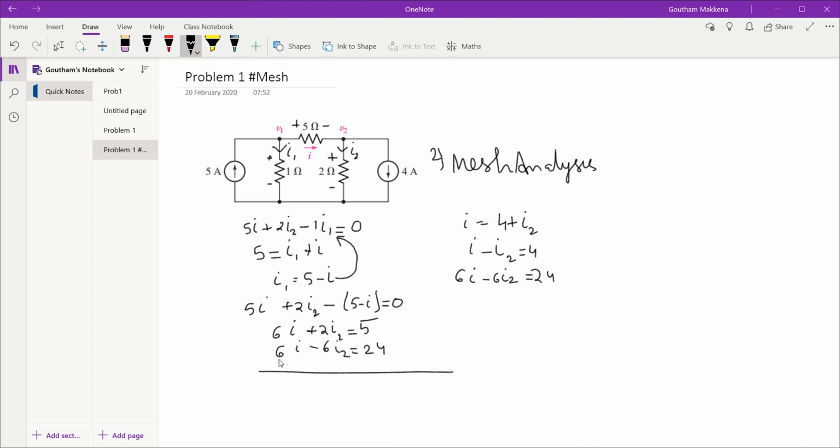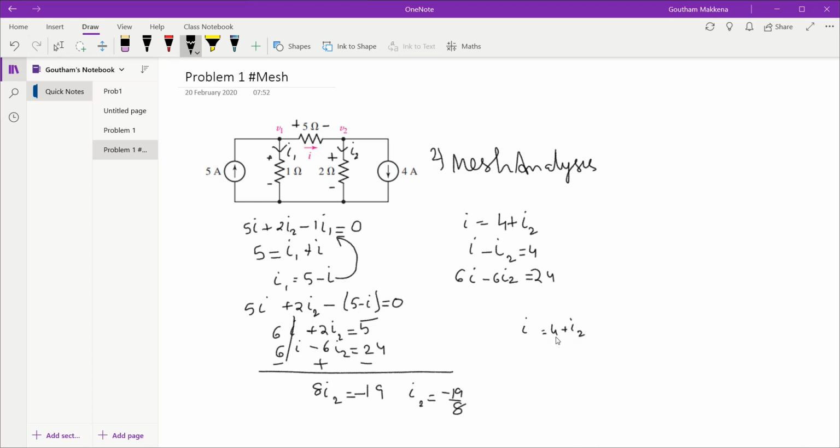Now I'll subtract these two. So this one is gone, and 6 plus 2 is 8I2 is equal to minus 19, or rather I2 is equal to minus 19 by 8. We also know that I is equal to 4 plus I2.